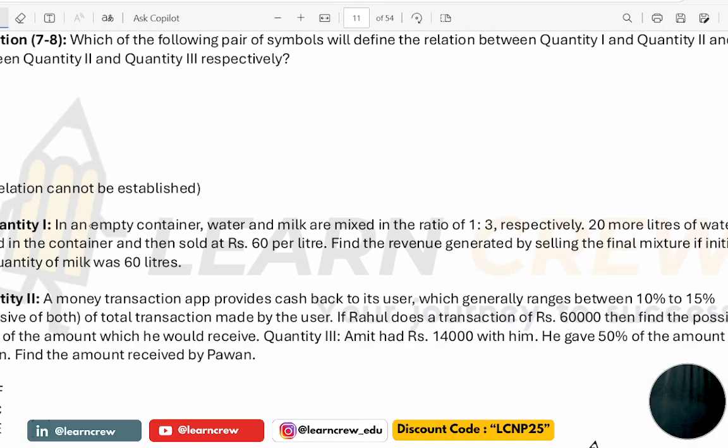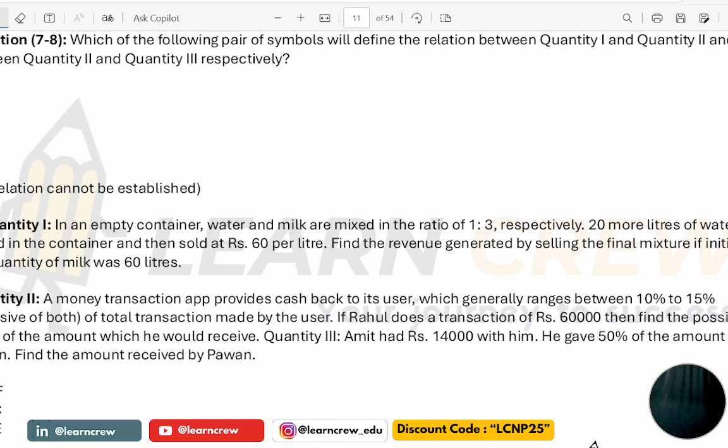Similarly, question number 8. In an empty container, water and milk are mixed in the ratio 1:3. 20 more liters of water is added in the container and sold at 60 rupees per liter. Find the revenue generated by selling the final mixture if initially the quantity of milk was 60 liters.